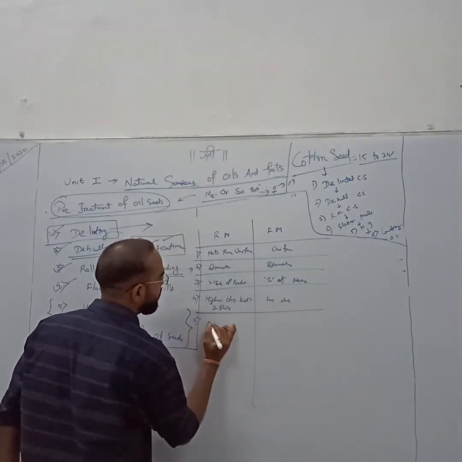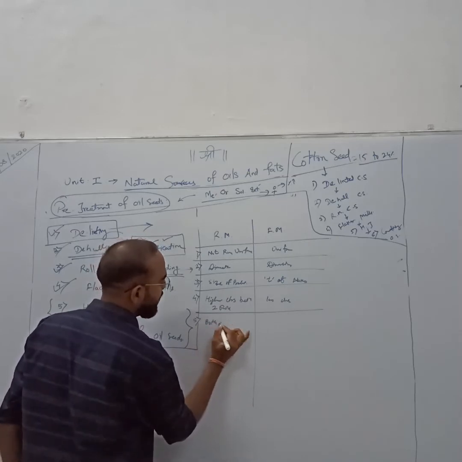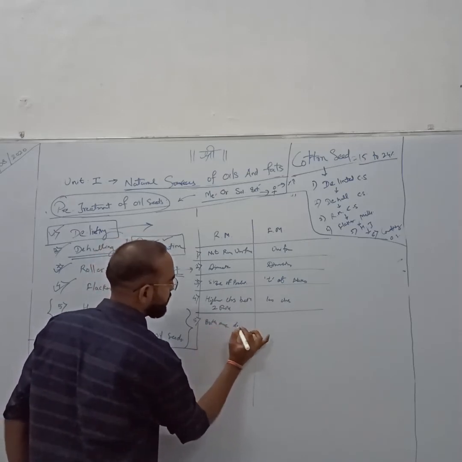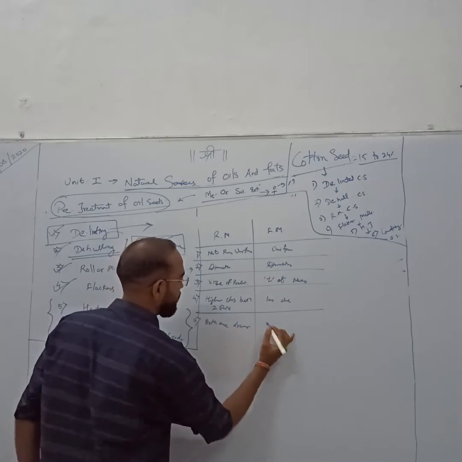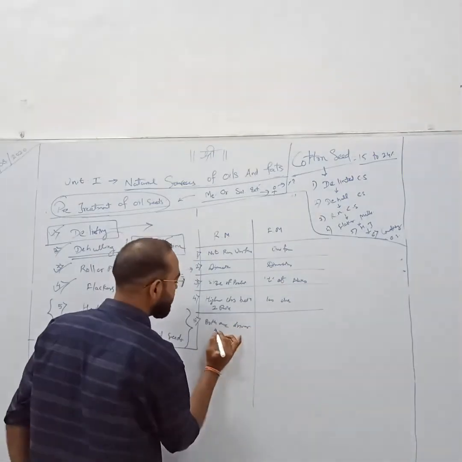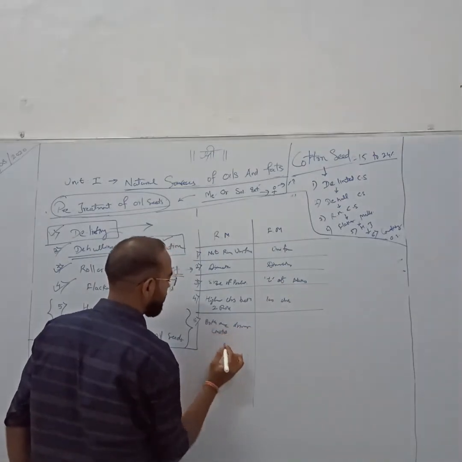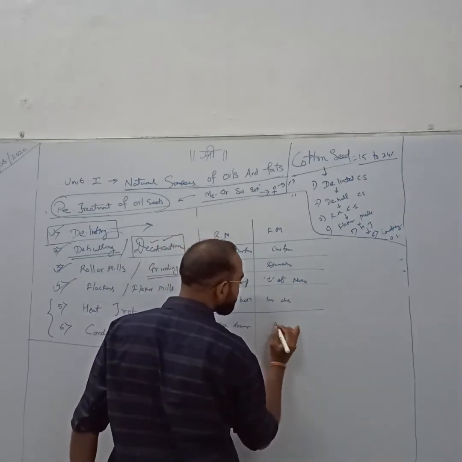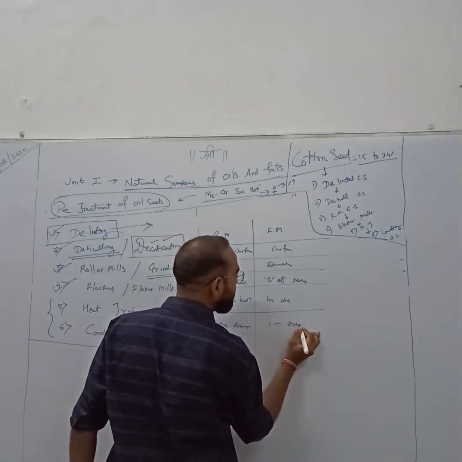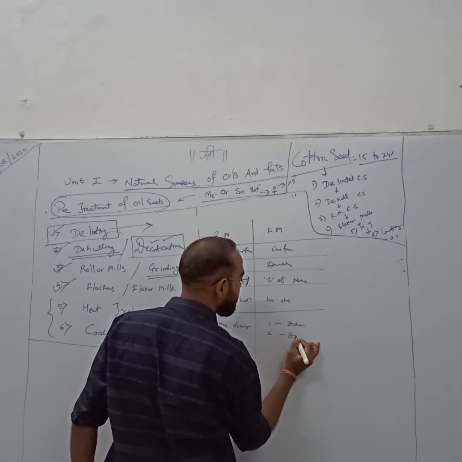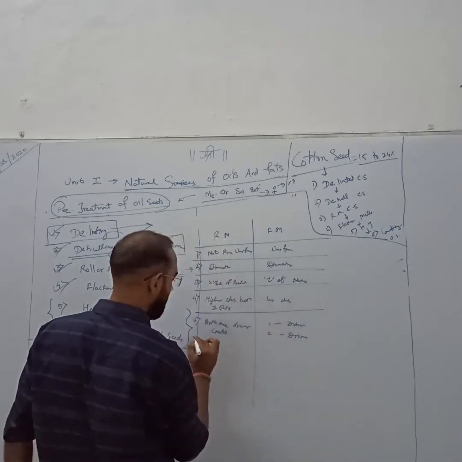Fifth one is both are driven. In flaker mills, both rollers are driven with the help of motor. In roller mills, here one is driver and another is driven.